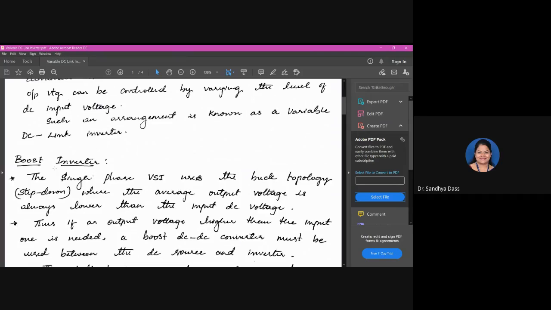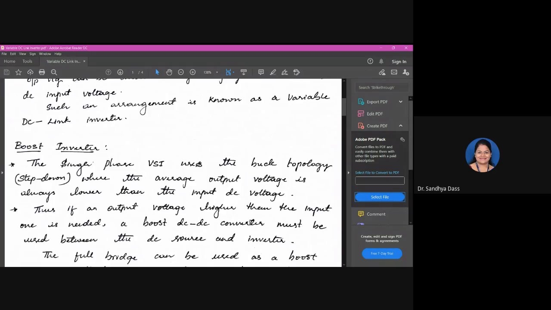So the best circuit you can have here for understanding variable DC link inverter is the boost inverter. If you recall, the single phase voltage source inverter uses the buck topology, that is a step down circuit, where the average output voltage was always lower than the input DC voltage, right?